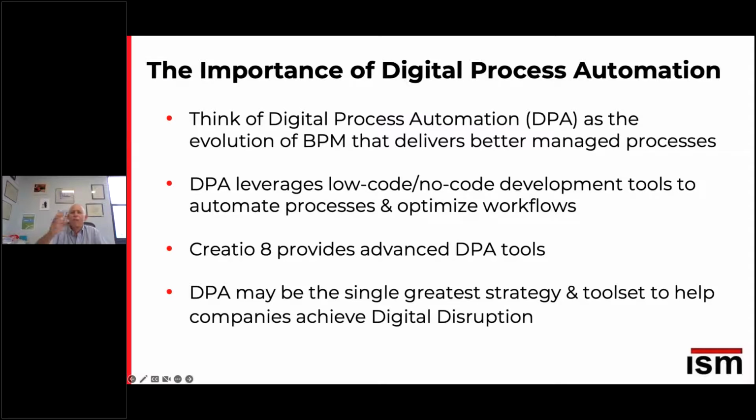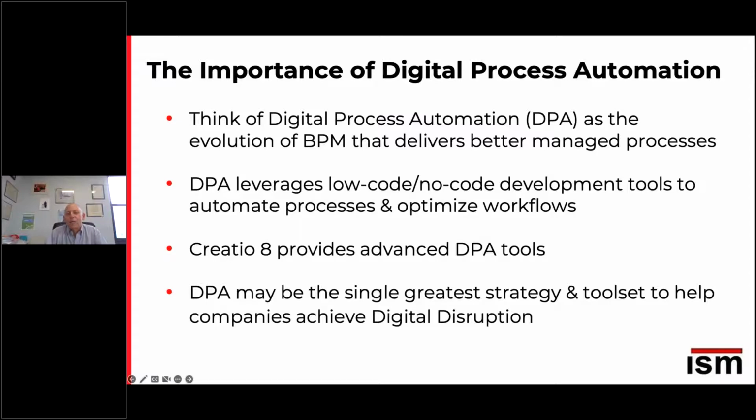It's not just their BPM, there's a bunch of other tools they've built in so that you can deliver better managed processes and begin to address this digital disruption and how to go to market with a more enhanced digital capability. That is the final point on this slide, and a very important one for me anyhow: digital process automation may be the single greatest strategy and tool set to help companies achieve digital disruption.